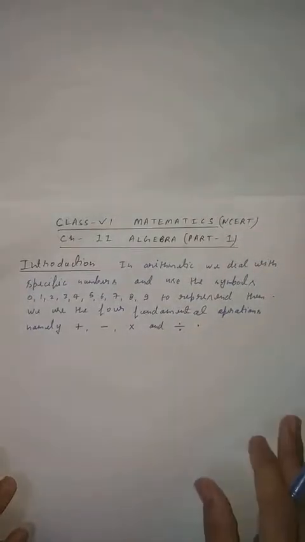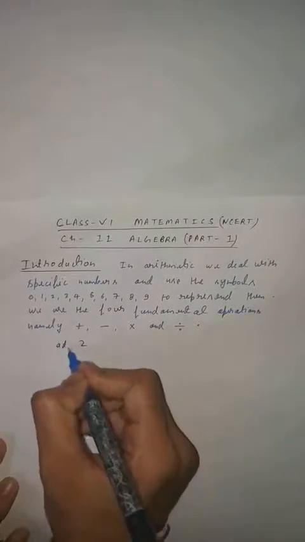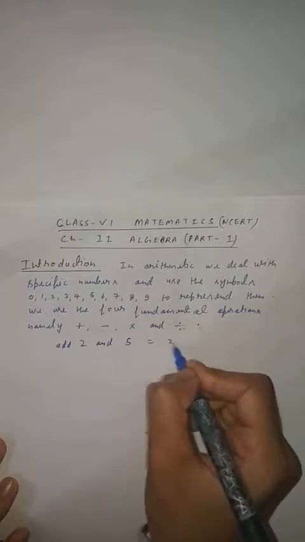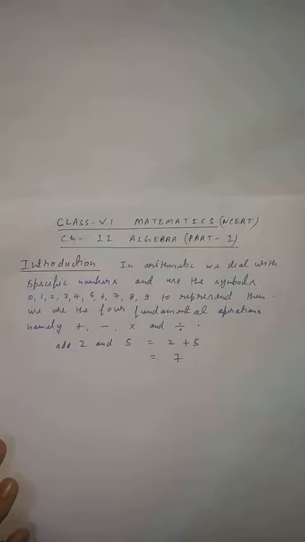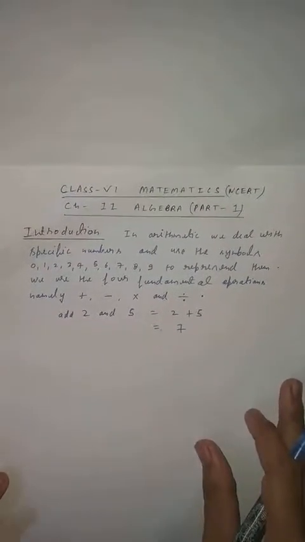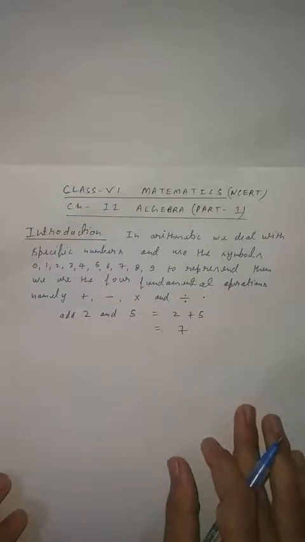Like if you have to add 2 and 5, the answer is 7. So these 4 fundamental signs you use to solve your sum.